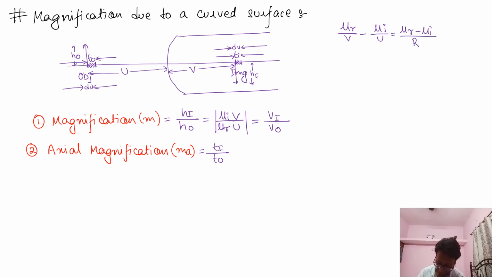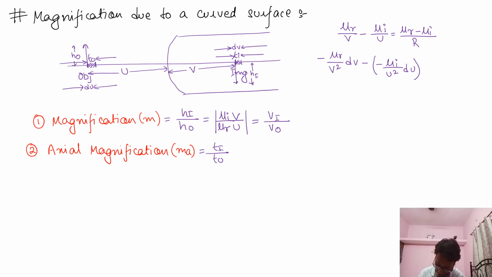If I differentiate the term with respect to the respective components, so mu r minus by v square into dv minus of minus mu i by u square into du. What I am doing? I am differentiating this term with respect to dv and this term with respect to du.